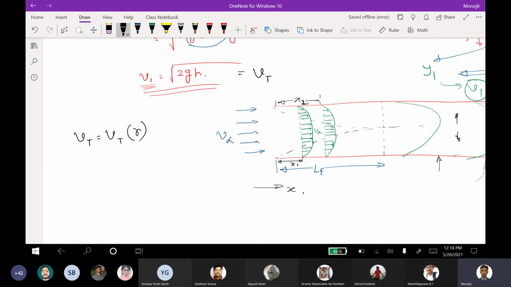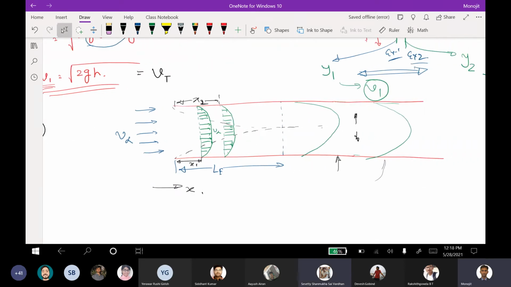How can we do that? I had already discussed this. We change the position of the Pitot tube vertically, keeping the Pitot tube at a specific cross section.